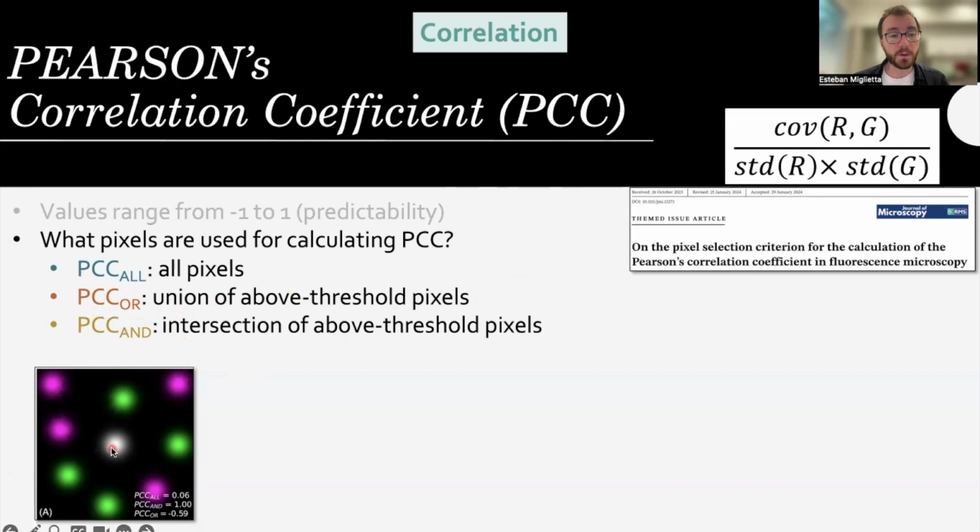So, for example, in this artificial image here, would you say that these two signals are colocalized? I would argue that yes and no, depending on where you are looking at.